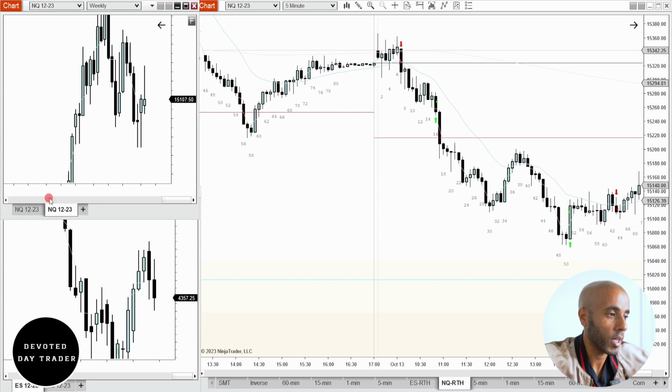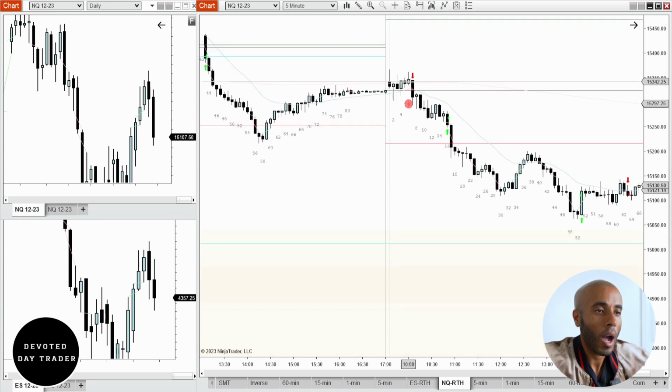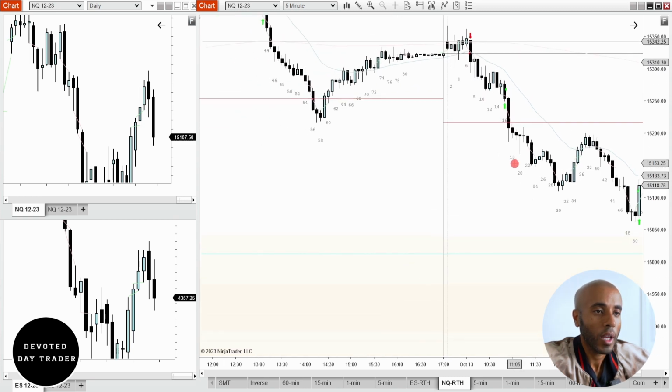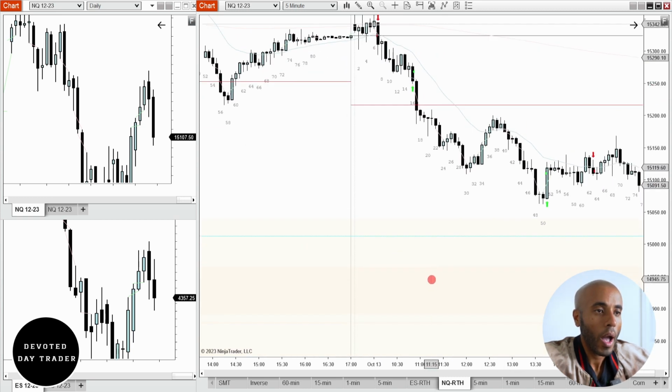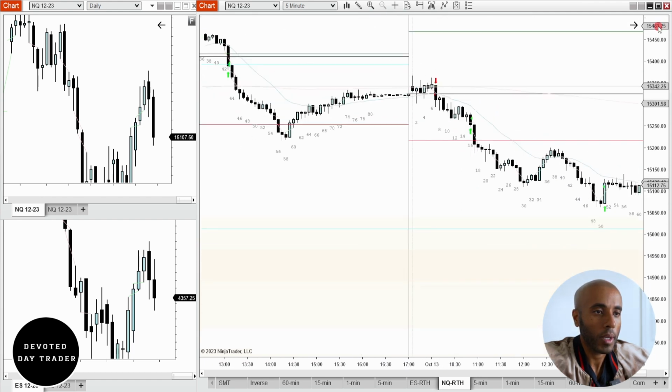So let me go back to the daily. So in the open, I noticed this also another confirmation that I look for. Let me just make that bigger. So this is the RTH chart, the regular trading hours, which is from 9:30 a.m. New York time to 4:15 p.m. New York time.